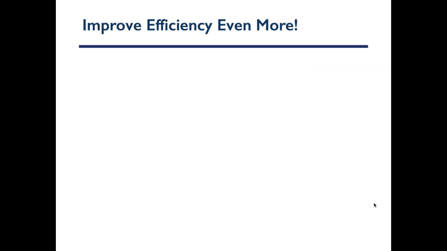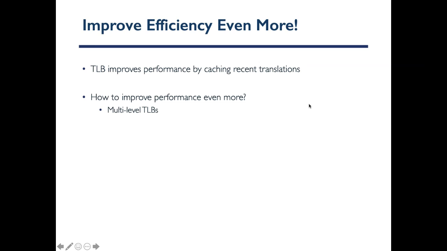TLBs have helped us cache the address translations. That's pretty cool. It improves performance. Can I do better? Yes. You can speed this up even further. You can have multiple levels of TLB. You don't need to have only one TLB.